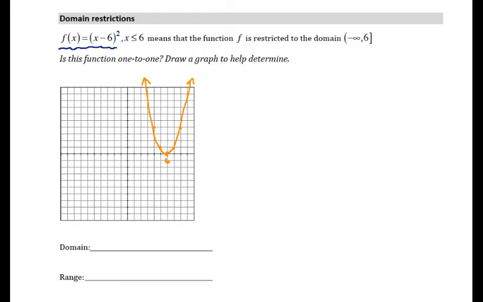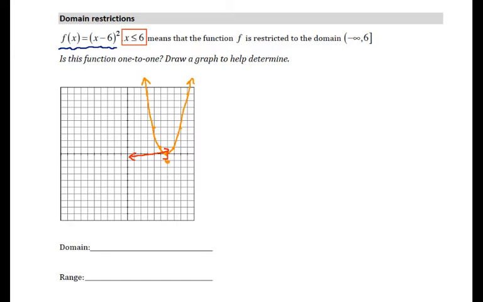I can then look at the domain restriction, x is less than or equal to 6, which suggests that I want to look at only the part of this parabola that corresponds to this set of x values.